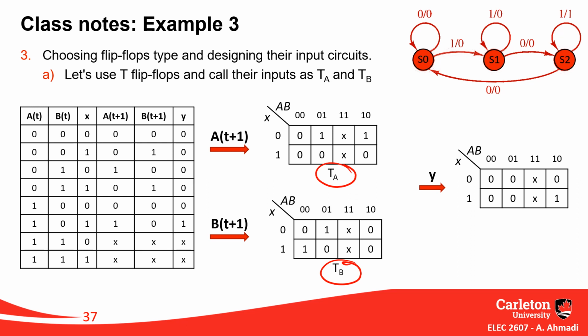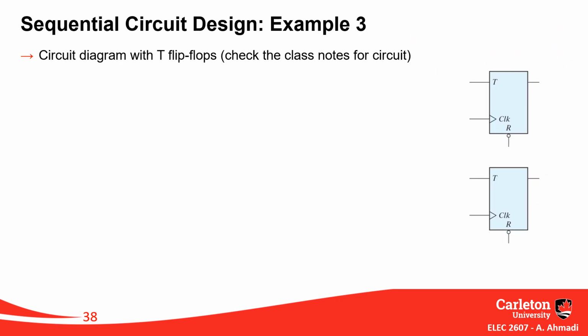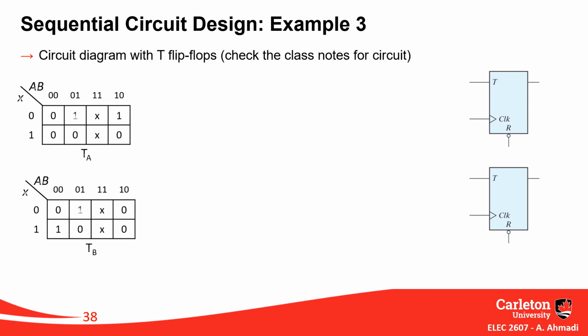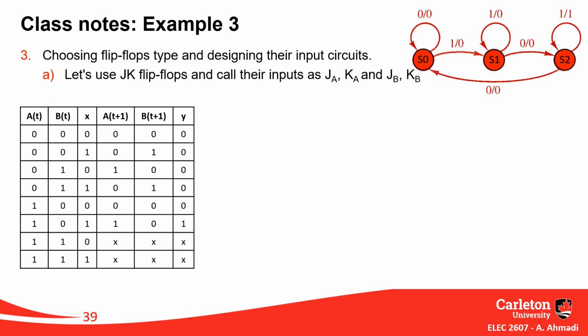I strongly suggest go step by step, try to understand, try to find my mistakes. I might have made some. Just double check to see every single entry of the K-maps is correct. And the circuit implementation based on that will be the same thing. The output will be the same, similar to what we did for D flip-flop, and this will give you the circuit design.